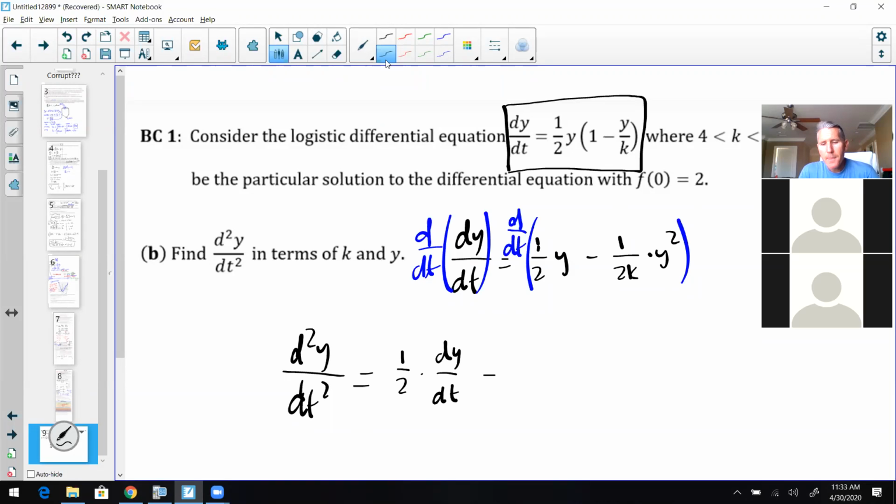Now the derivative of 1/2k times y squared, again, k is a constant, just that carrying capacity. When you take the derivative with the power rule, that 2 comes down and cancels out with the 2 in the denominator. We're going to have minus 1/k times y times dy/dt.